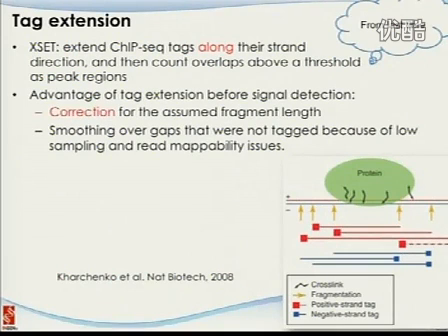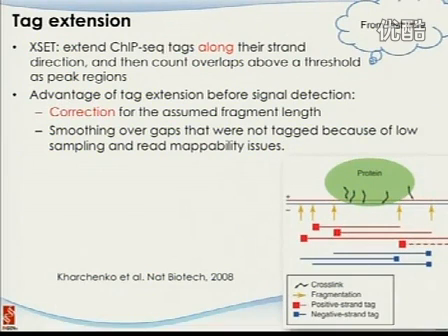For this type of approach, the advantage is, number one, it corrects for the assumed fragment length. If it's 200 base pair, then instead of just the 36 base pair sequencing read length, you extend it to the entire DNA fragment length. And also, it's smoothing over gaps. Some regions, because of the short reads, may not be mappable.